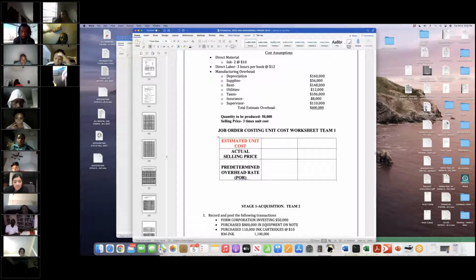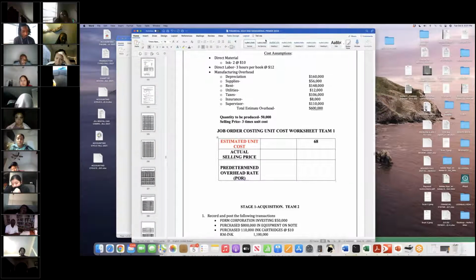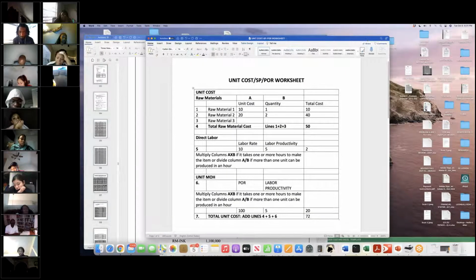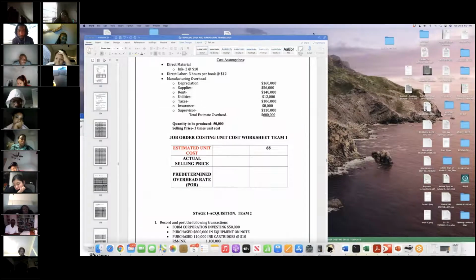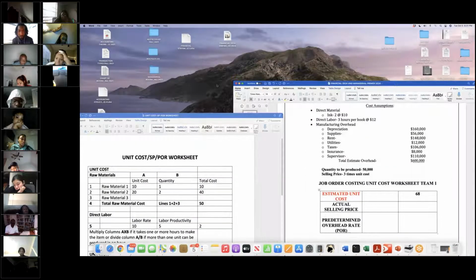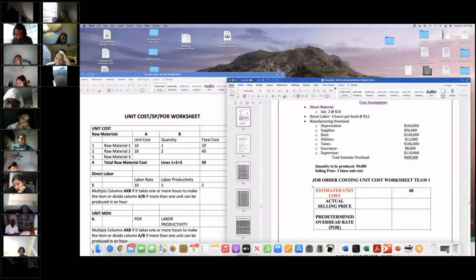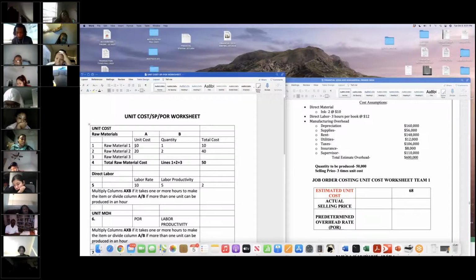I got 68. So 68 is given as the unit cost. Well, let's see if we can determine how we got 68.